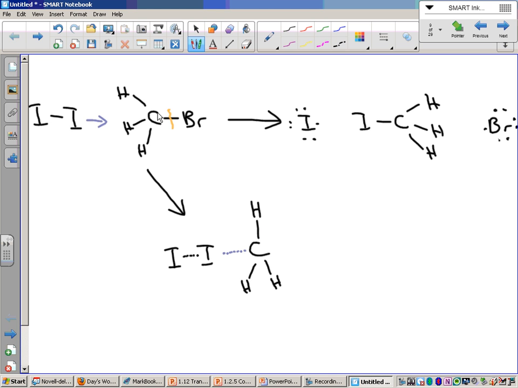And as that's taking place, we also have our bromine hanging out here, and its bond is breaking. Okay? So this in the middle right here is our activated complex.